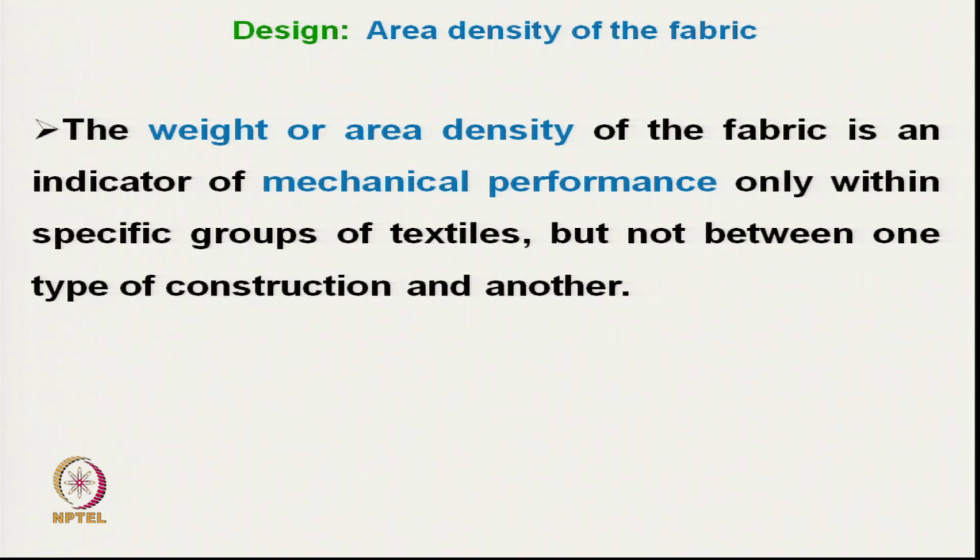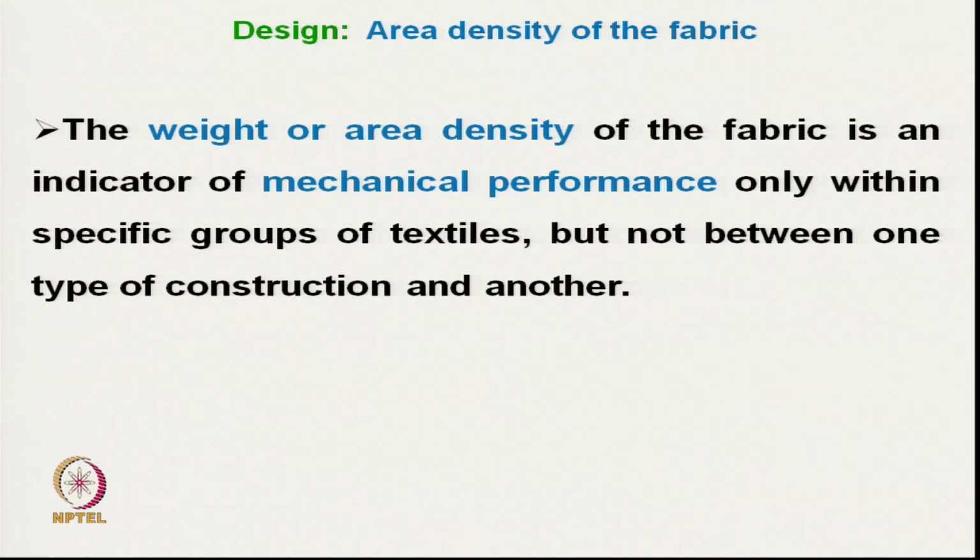So, design can be done based on mass per unit area, that is area density or weight density. The area density of fabric is an indicator of mechanical performance only within a specific group of textiles, but not between the different types of construction.